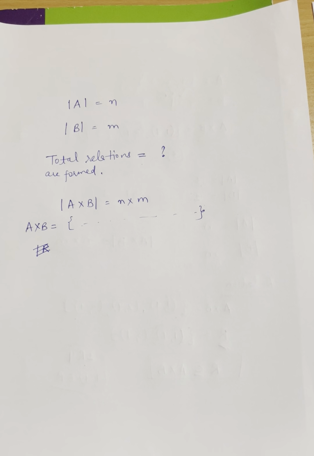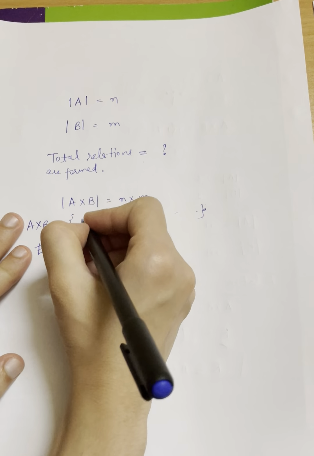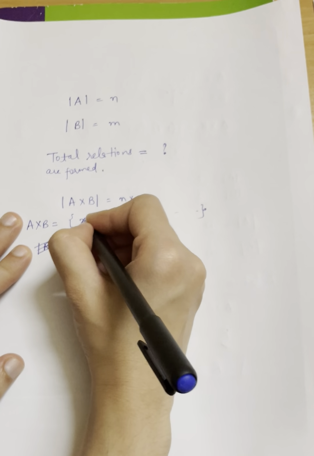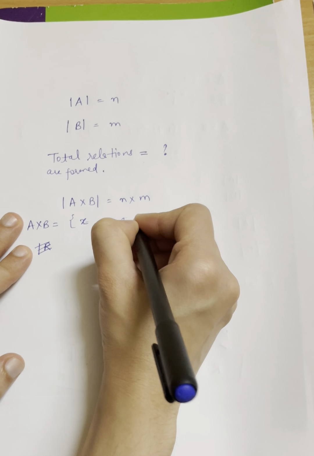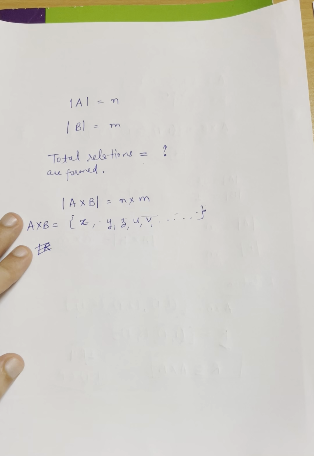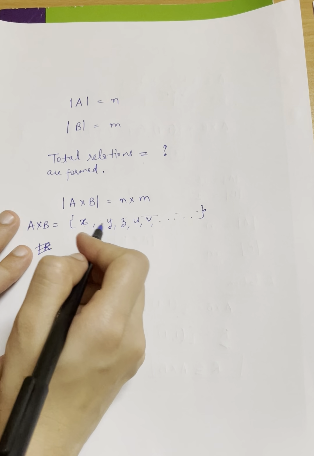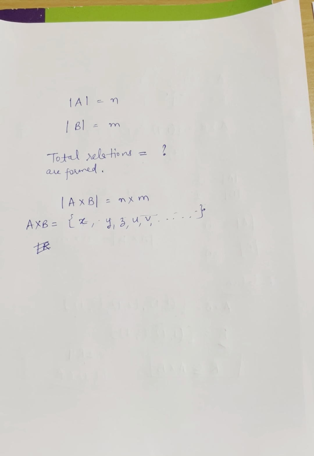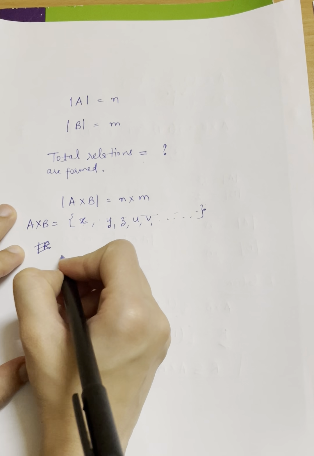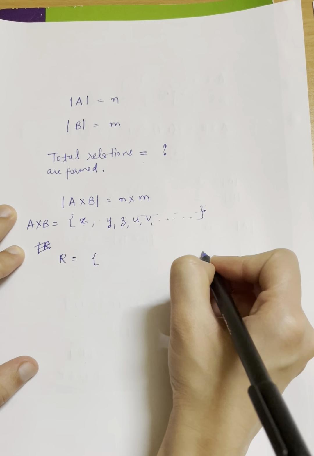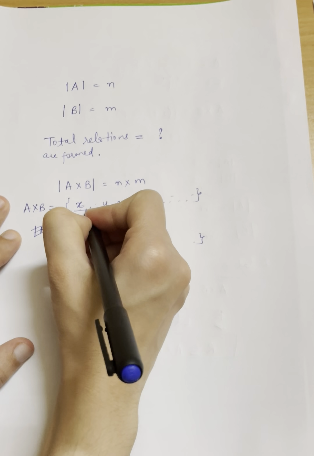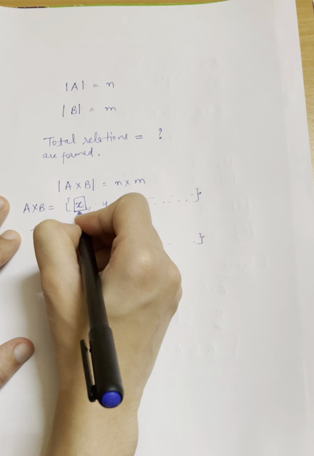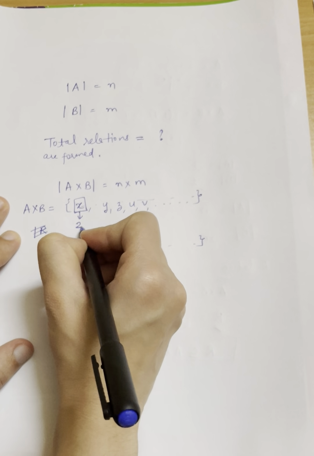Let's discuss this. Suppose there are some pair elements represented by x, y, z, u, v and so on. There are so many elements and these elements are in pair, of course, like 1, 2 or 2, 4. Now when you form a relation, this element has total two possibilities.